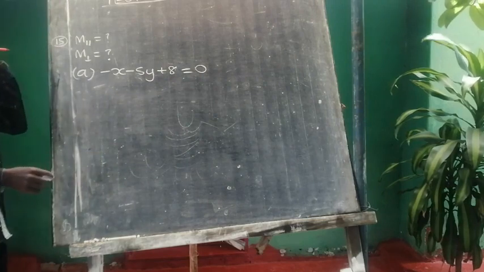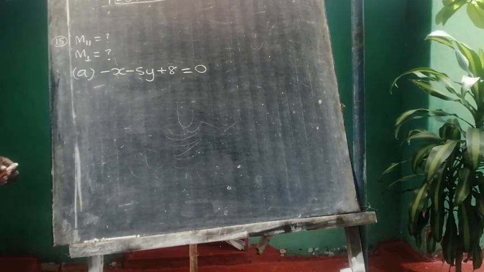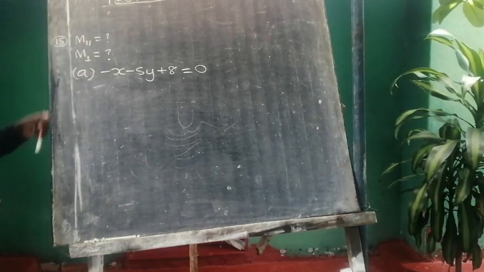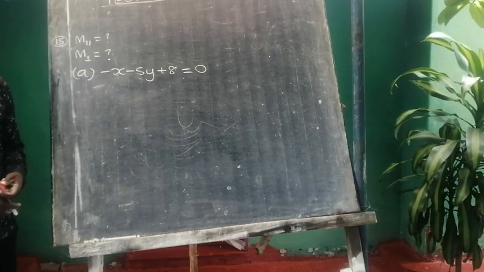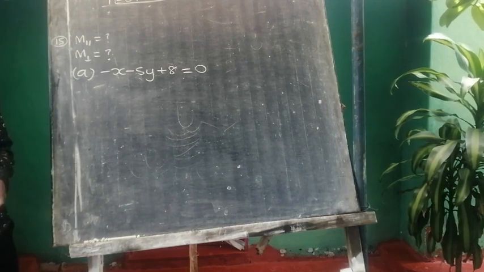Okay, let's answer this one first. Now pay attention. They want us to find the gradient of the parallel and the perpendicular to the equation negative x minus 5y plus 8 equal to 0.